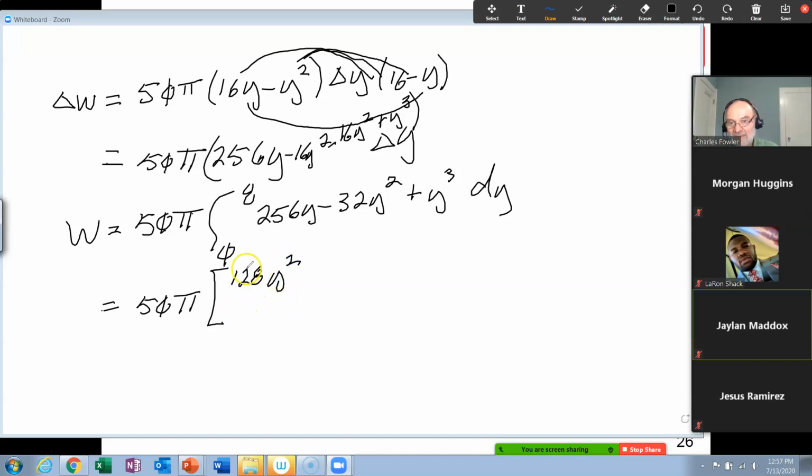I've already divided by 2. That's where that went. Minus, this will be a 3, not going to be able to divide by that, 32y cubed over 3 plus y to the 4th over 4, evaluated between 0 and 8.